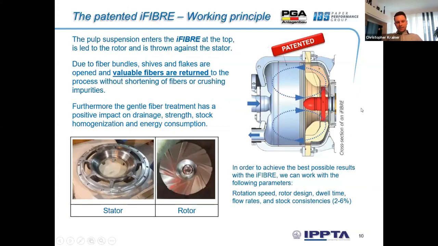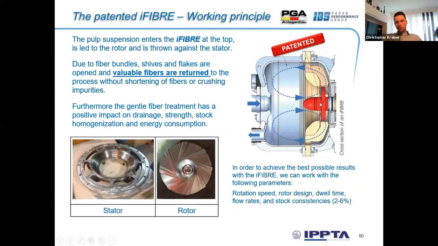How the I-fiber desaver works. On this slide, on the right corner, you can see a cross section of the I-fiber desaver. The pulp suspension enters the machine at the top, in this area, and is led to the rotor. This is the red part.